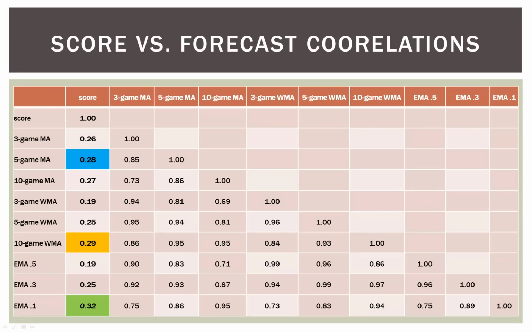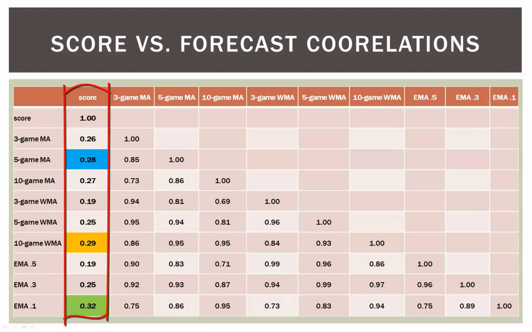Now this chart is kind of overtime, so if you don't understand what this chart is saying, it's really okay. This chart is actually a correlation chart, and we are correlating the actual score throughout the season with our forecasted score using our models.